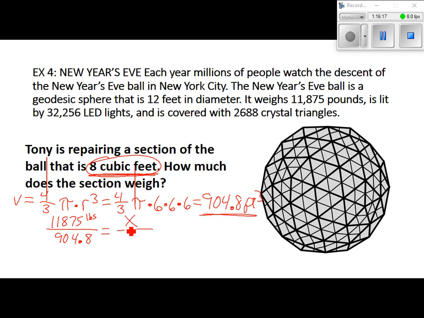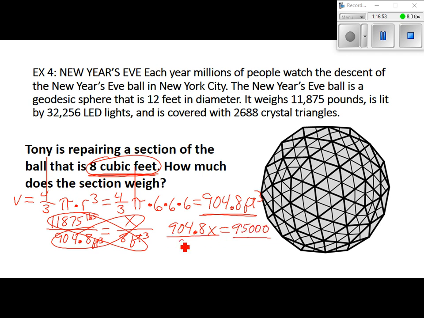Well, we want the weight of just 8 cubic feet. This is cubic feet down here. So again, all we're going to do is cross multiply. We cross multiply this way, we get 904.8 times x equals, solving a proportion, 11,875 times 8, and I get 95,000.